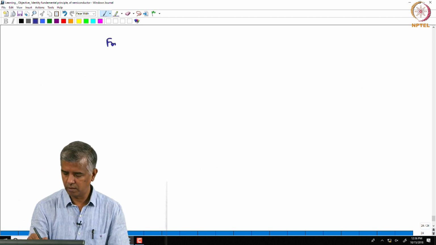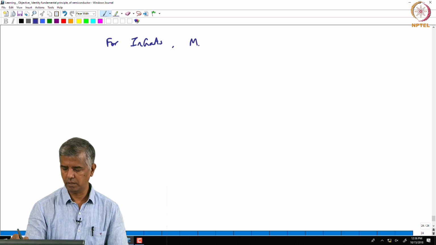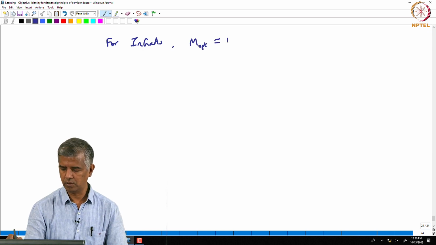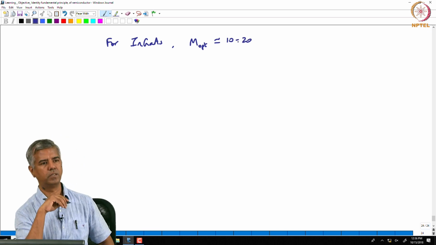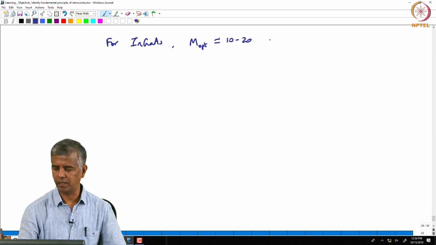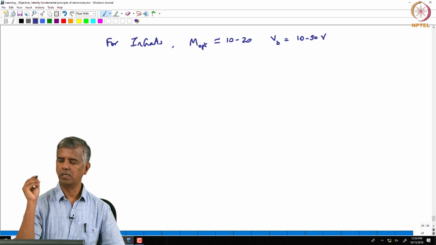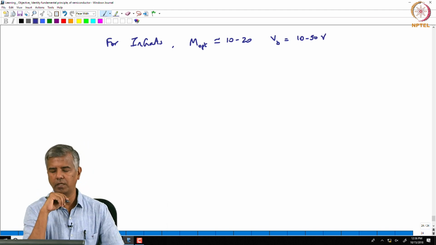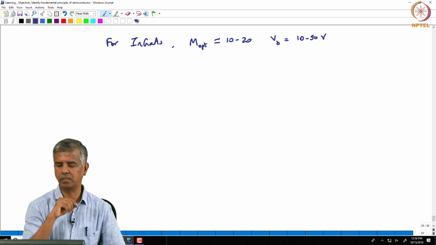For indium gallium arsenide, you can get the optimum gain to be on the order of 10 to 20, before your noise starts picking up. But you can get that with VB, the bias voltage, on the order of 10 to 50 volts itself, because the impact ionization coefficient for indium gallium arsenide is higher than it is for silicon.